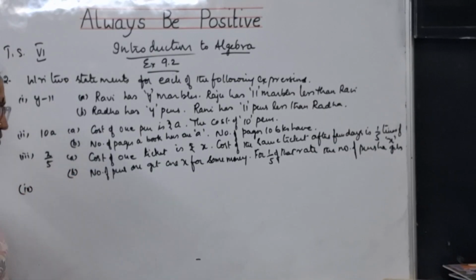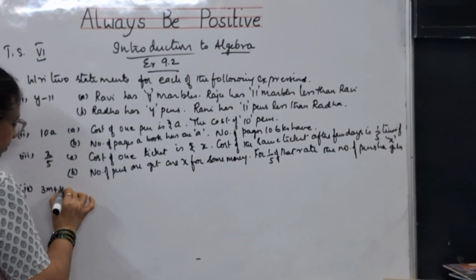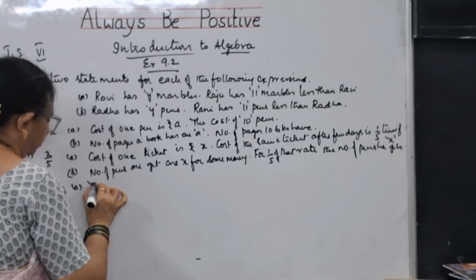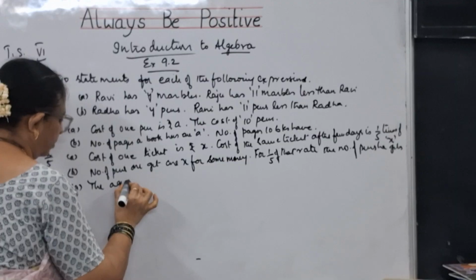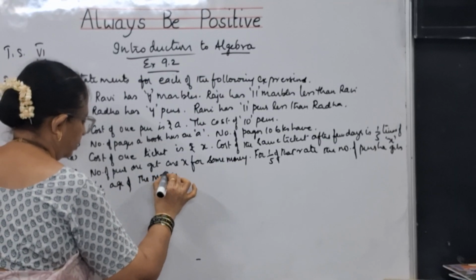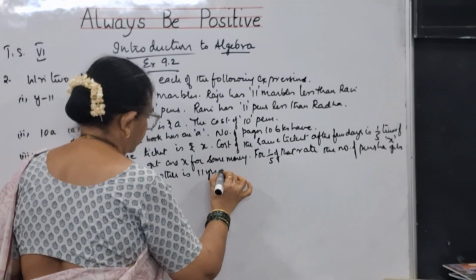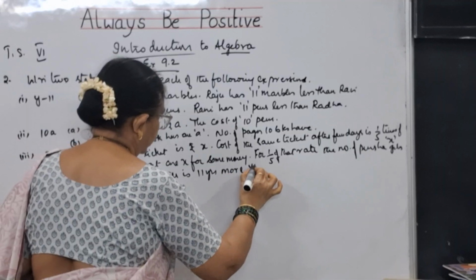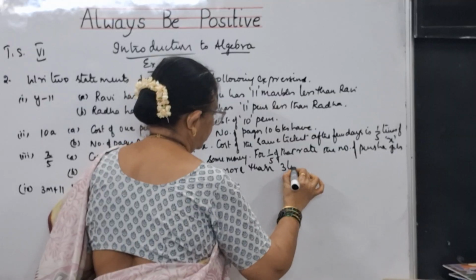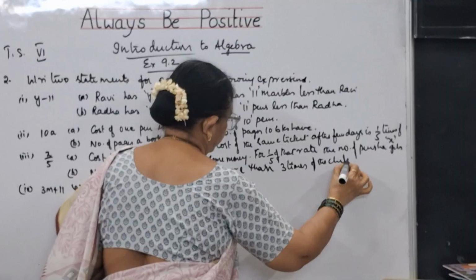Next. Fourth one, 3m plus 11. The age of the mother is 11 years more than 3 times the child's age.